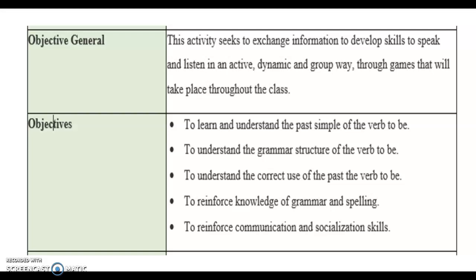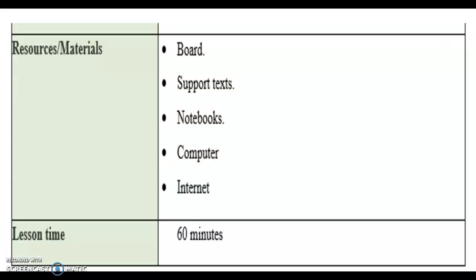Specific objectives: to learn and understand the past simple of the verb to be, to understand the grammar structure of the verb to be, to understand the correct use of the past of the verb to be, to reinforce knowledge of grammar and spelling, and to reinforce communication and socialization skills. Resources or materials: board, support text, notebooks, computer and internet. Lesson time: 16 minutes.